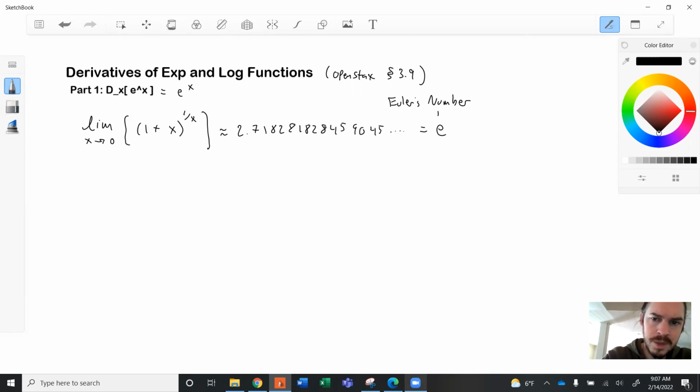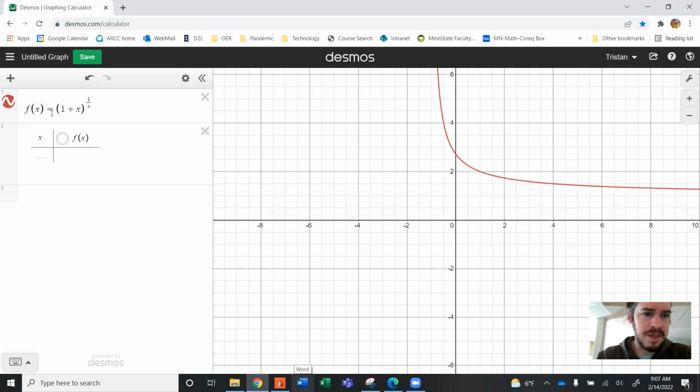So to convince ourselves of this limit, we're not going to solve it analytically, but rather we're just going to look at it numerically. What I've got is I've typed in the function (1 plus x) to the power 1 over x. And I want to look at what happens when x equals 0.01, 2.704 something.